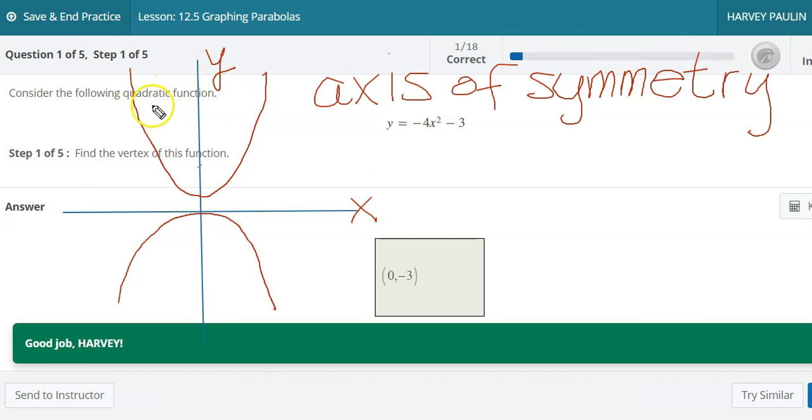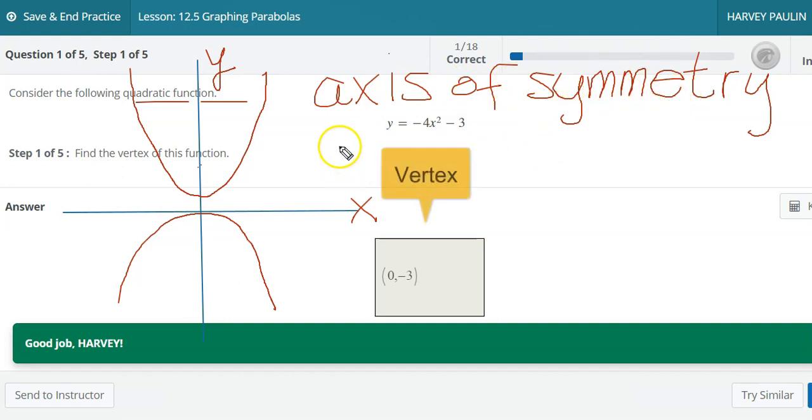When this occurs, the line that runs down the middle is called the axis of symmetry. So you want to write these words down, and be familiar with what they're describing, because they will ask you, what is the axis of symmetry?